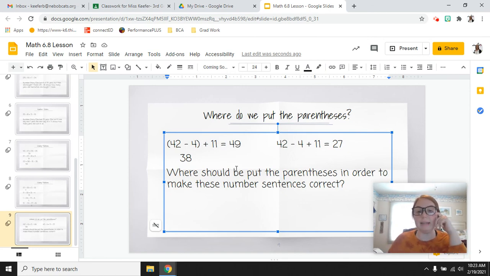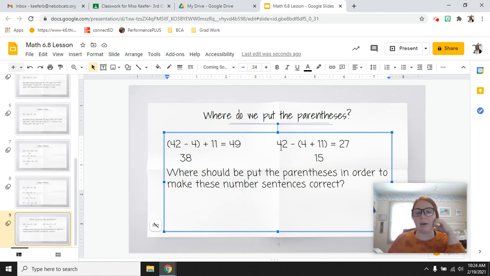Now with this one, I think these problems can be a little tricky because you don't know where to start. But the biggest thing is just try and group them. And if your answer is not right, move it to the other side. So we did 4 plus 11 first. That wasn't correct, so we just moved it to the other one. So over here, if we would do 4 plus 11 first, which would get us 15, then we would do 42 minus 15, which would equal 27.